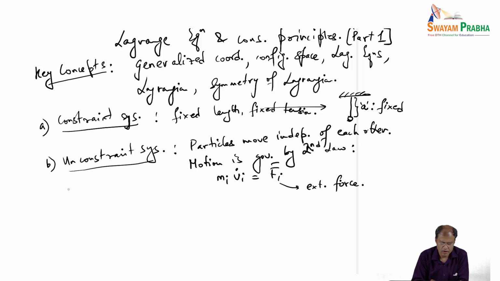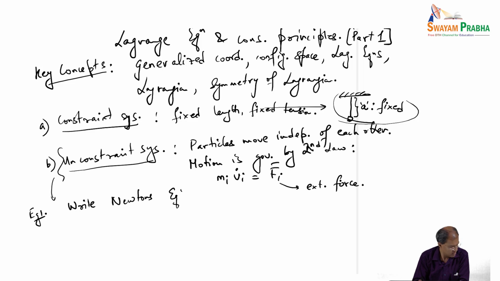Now, for example, let us try to write some equations of motion for an unconstrained system. The constrained system I've already mentioned, for example, the motion of a pendulum, and we had seen these examples in the past. For the unconstrained system, the example I have is that we would like to write Newton's equation for a two-body gravitation problem.